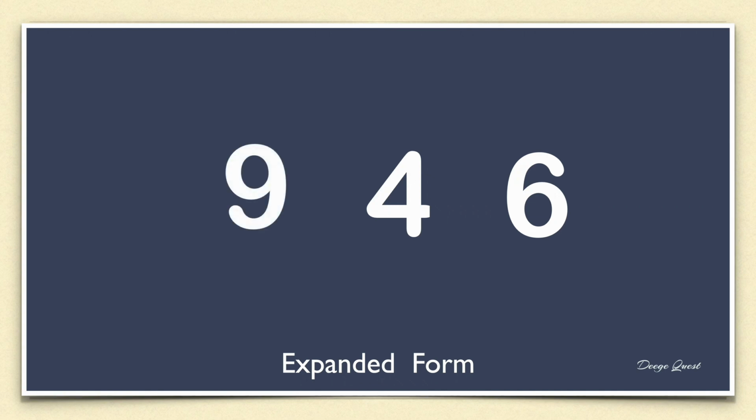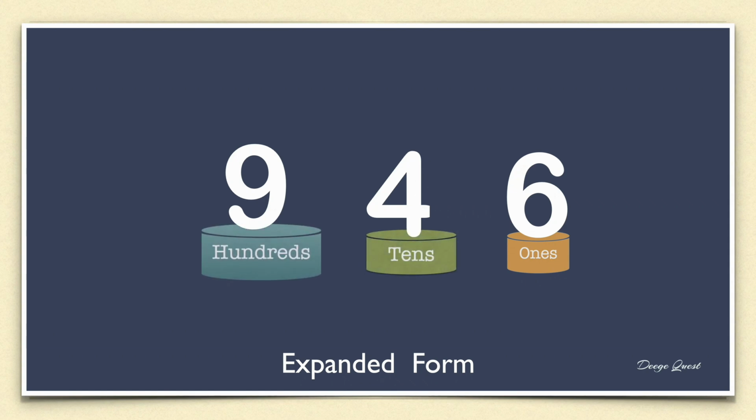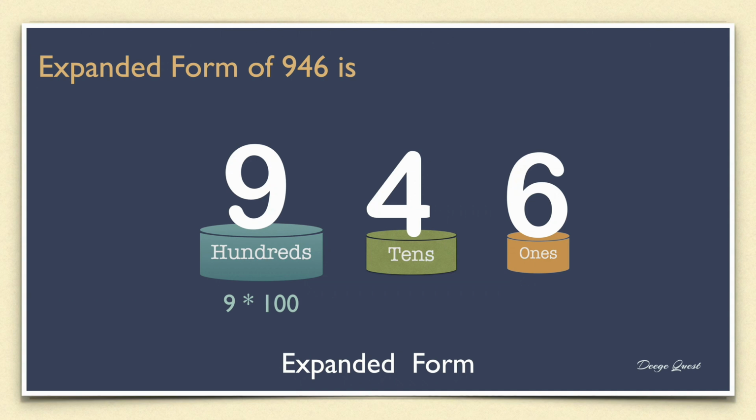Since we know how to calculate the place value now, we can easily write any number in its expanded form. Here is an example. Let's start from the left and calculate the place values for each digit. The place value of 9 is 9 times 100, which is 900.